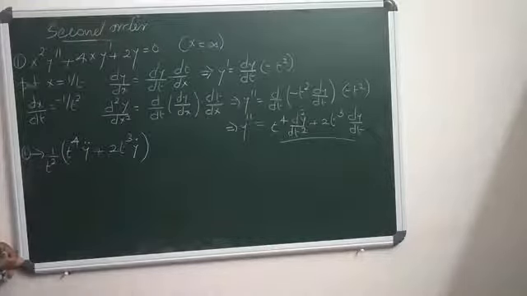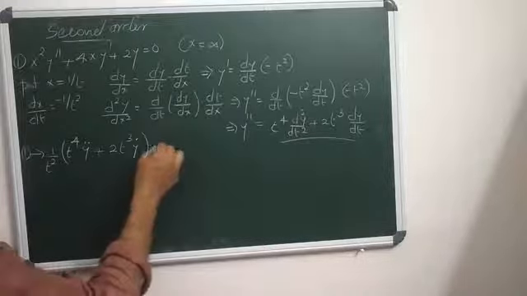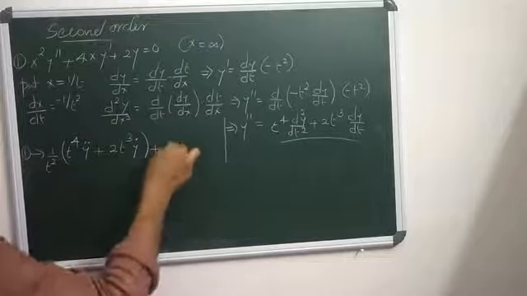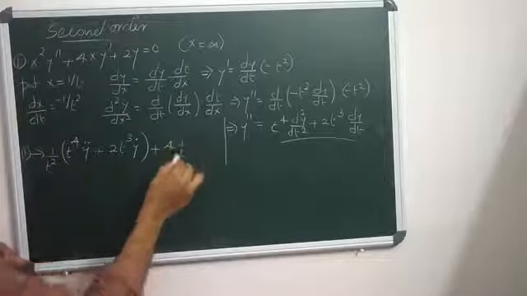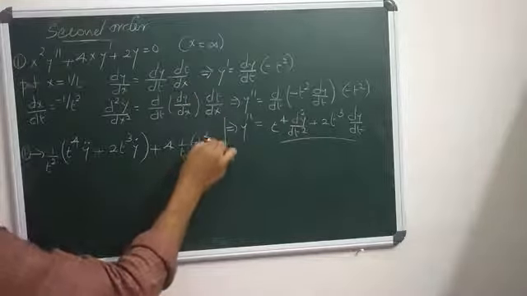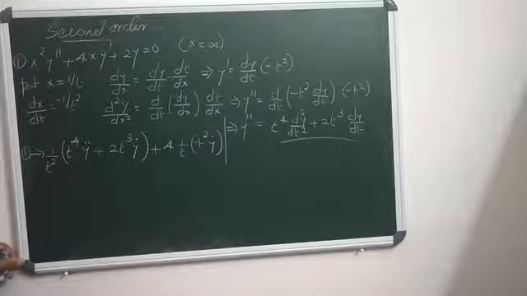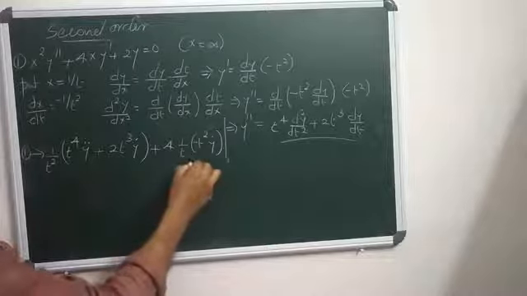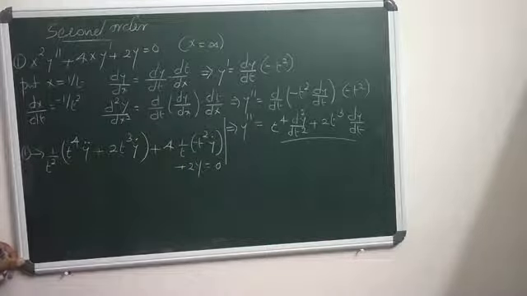This is x square y2 dash plus 4xy dash. 4x means 1 by t into what is y dash? y dash is minus t square into y dash plus 2y equals 0.